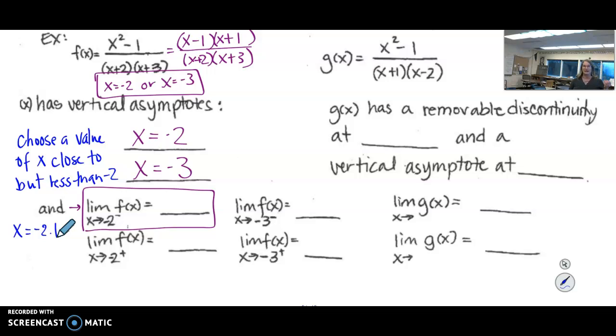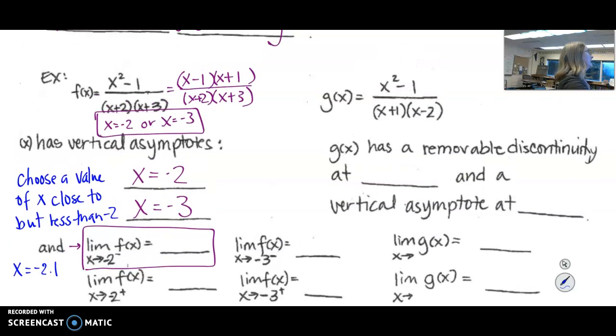And what we're going to do with that x coordinate is plug it into the function f of x, and decide if it makes everything negative or everything positive. So here's how you do it. We're going to look at these factors here.